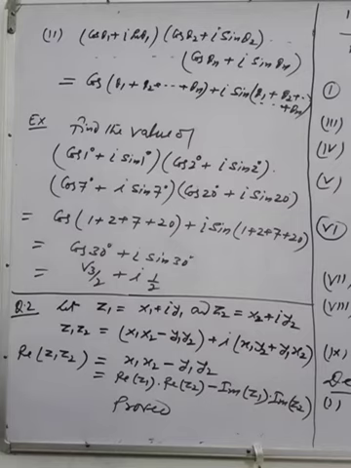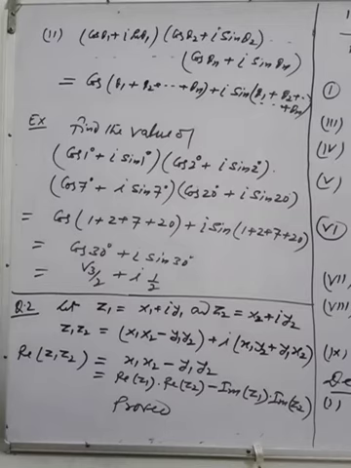For example, if you have to find the value of cos 1 degree plus i sin 1 degree, this is the first complex, second is cos 2 degree plus i times sin 2 degree, into the third complex cos 7 degree plus i times sin 7 degree, and last is cos 20 degree plus i sin 20 degree. So there are four complex numbers in product form.